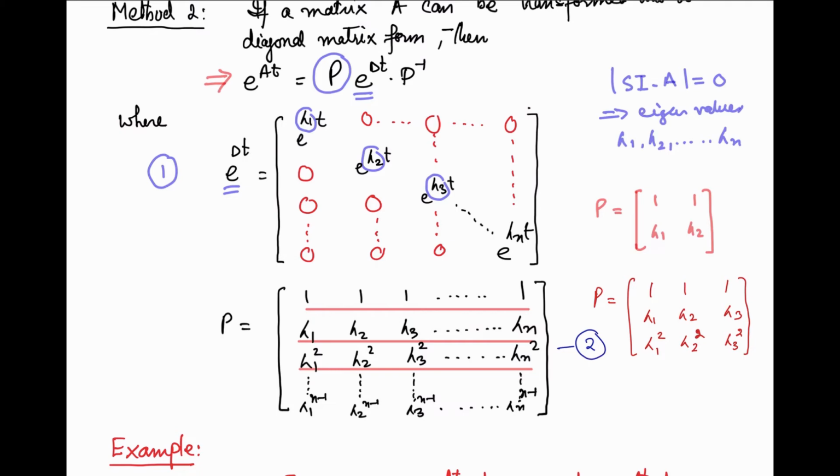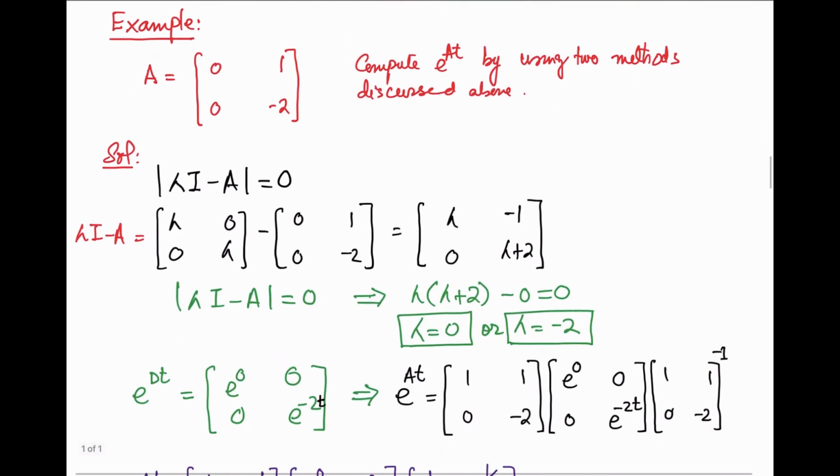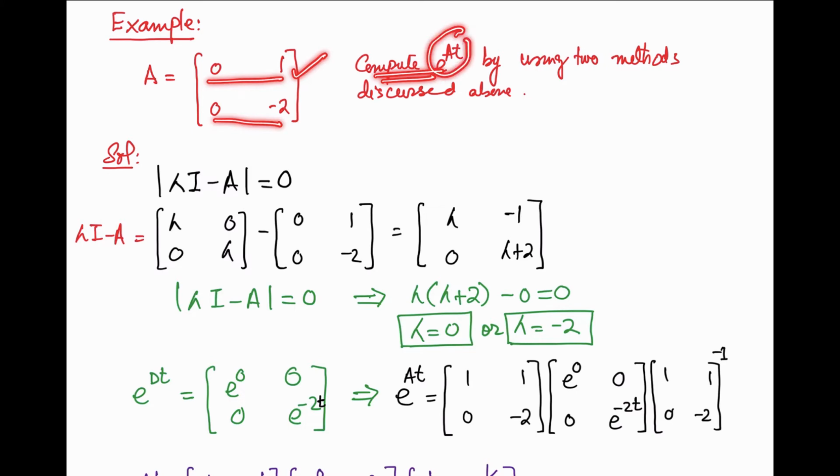So now let's consider an example to look at these two methods in detail. Let's suppose that the state matrix A of your system is given by this equation. We are supposed to compute the exponential matrix by using the two methods which we have discussed above. So first of all, let's define the characteristic equation, lambda I minus A. This is the identity matrix.